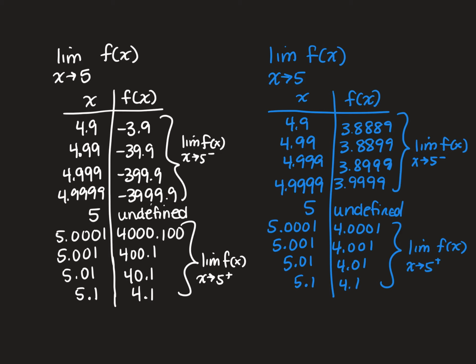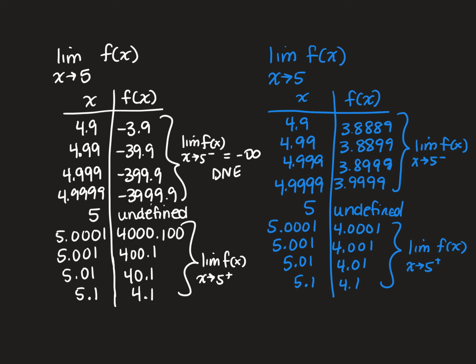If you went even a little bit further out, this value would get even bigger. This is an indication that the limit is approaching negative infinity, but at that point you can say it does not exist. And once you know that one side of that limit doesn't exist, then you know the limit doesn't exist at all. But let's take a look at the other side.